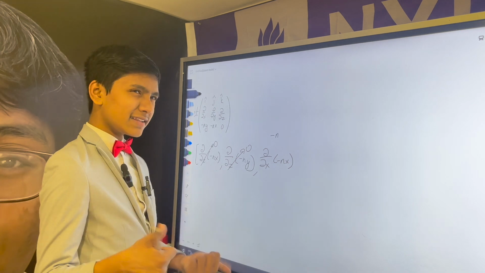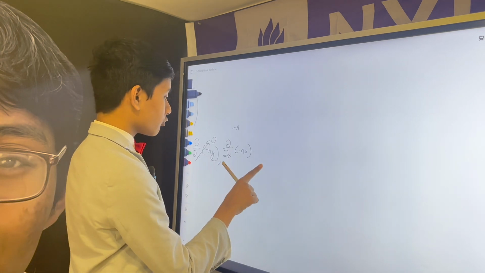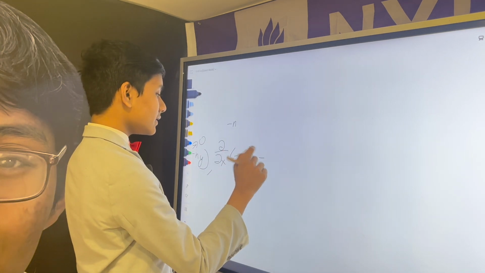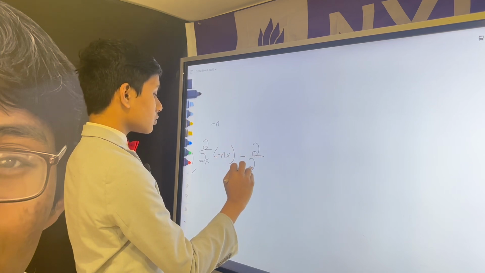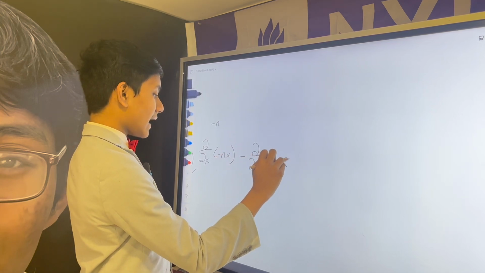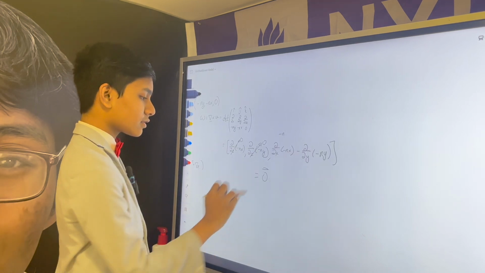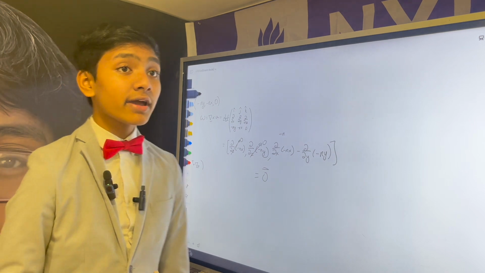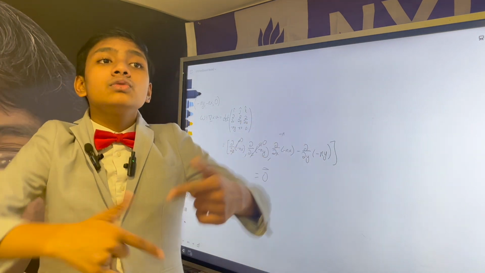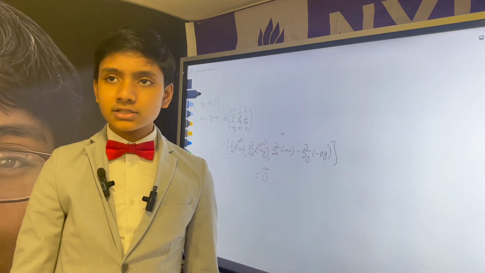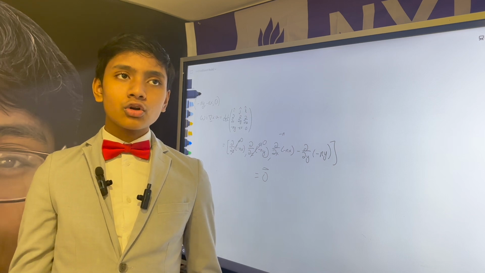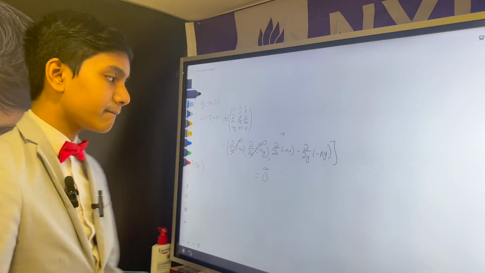Yeah, it's fine. So now you will realize that if I plug this in, you have minus partial y of minus ny, which means that this is just the zero vector. Yeah, that's right. If you have something that only goes radially inward, it's not going to have any curl. It's not curling, it's just going in.